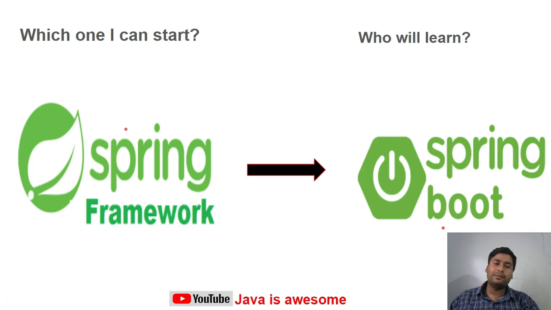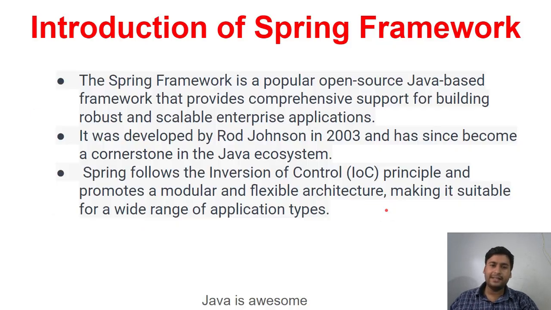If it is already developed then there is no need to shift, because internally Spring Boot also uses the Spring concepts. So nowadays, who is the boss of the market? The Spring framework. Okay, let's go to the new slides and see what the Spring framework is and how we are using it.